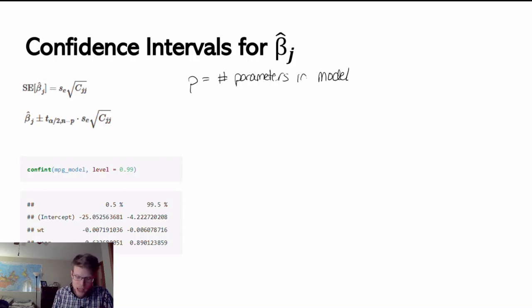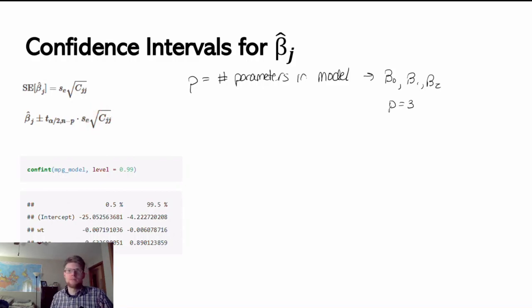If we have beta naught, beta 1, and beta 2, p is going to equal 3. For each parameter estimate involved in this equation, there's what's called a loss of degree of freedom, which is just a shorthand way of saying we're estimating an additional thing that's going to weaken this estimate.